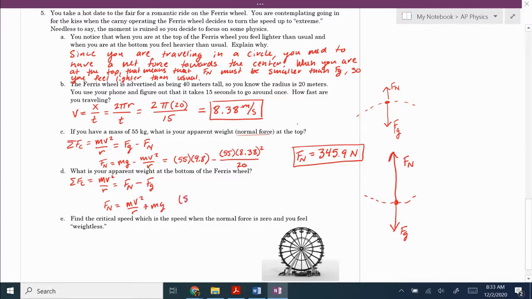So 55 times your velocity, which is 8.3 squared, over r, which is 20, plus 55 times 9.8. And for that, you are going to get a normal force that is equal to 732.1.